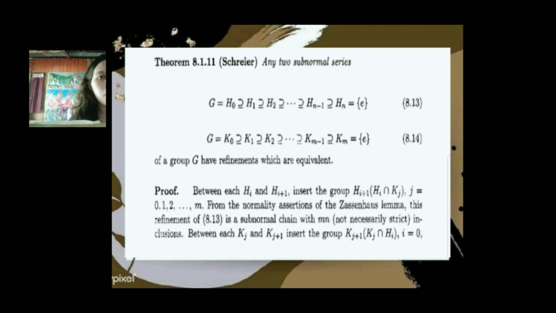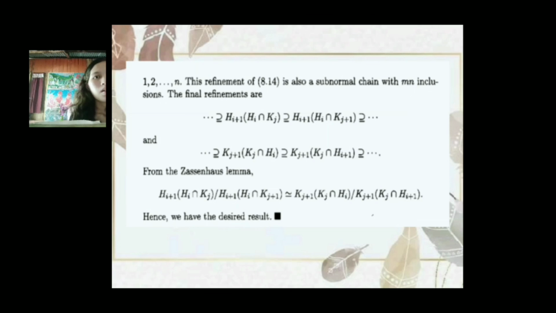Between each Kⱼ and Kⱼ₊₁, insert the groups Kⱼ₊₁(Kⱼ ∩ Hᵢ), i = 0, 1, 2, ..., n. The refinement of 8.14 is also a subnormal chain with mn inclusions.